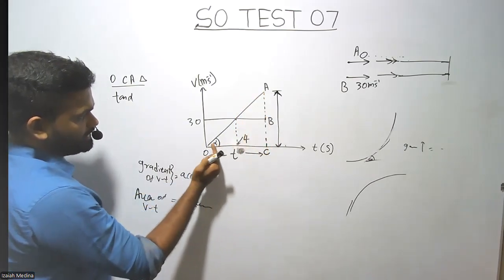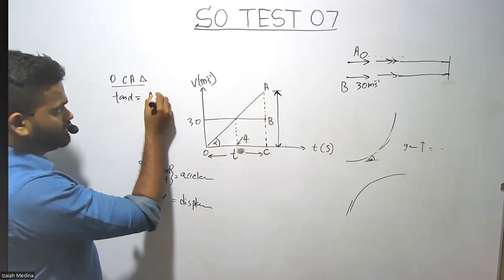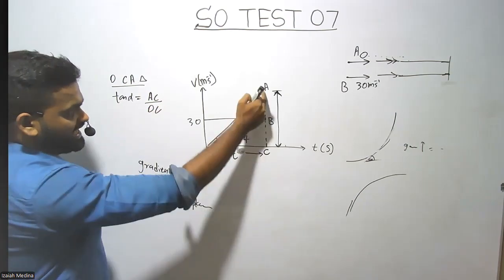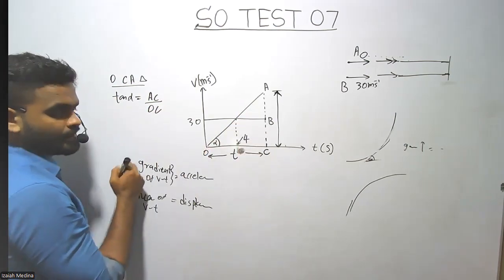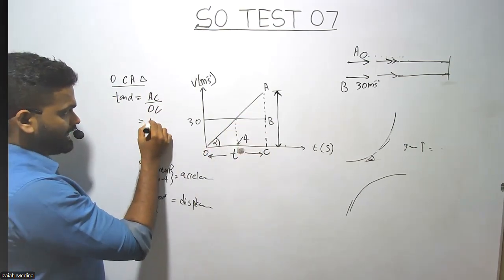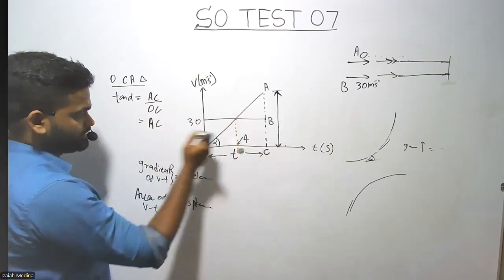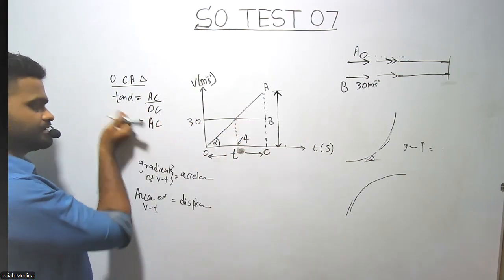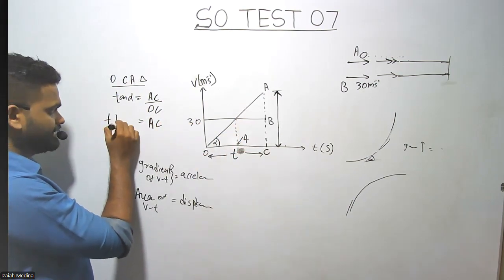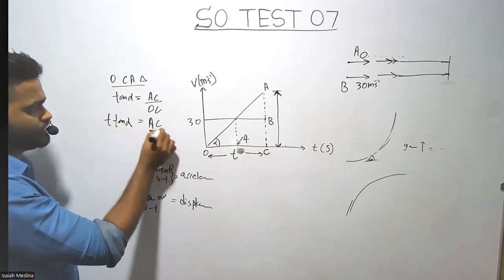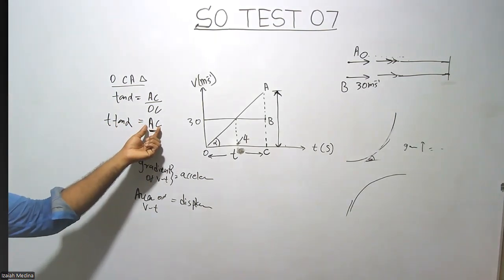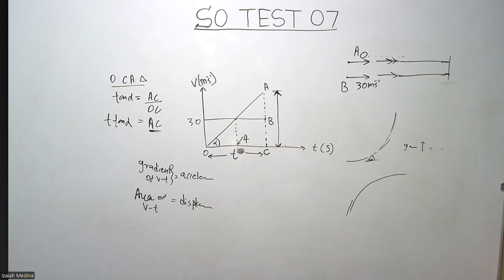AC divided by OC. AC is what we need. We have t here, just cross multiply. So we have a term for AC: AC is equal to t tan alpha.